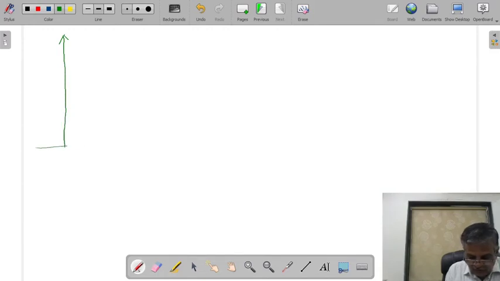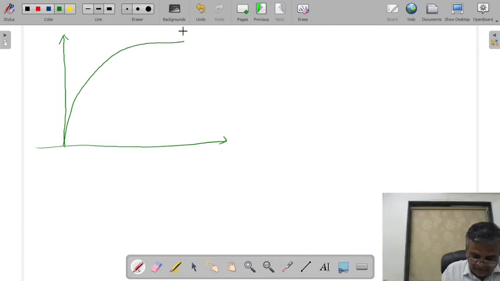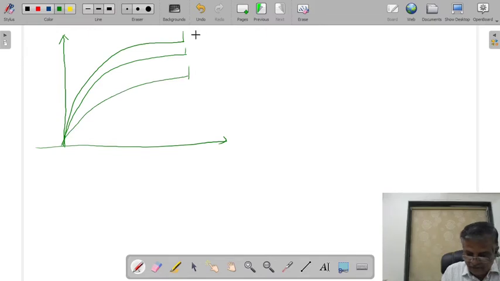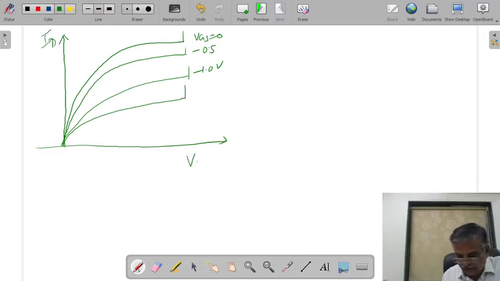First I will draw its characteristics. This VGS is 0, minus 0.5, minus 1 volt, like so. This is your drain current, this is your VDS. Here I am showing you the pinch off voltage.